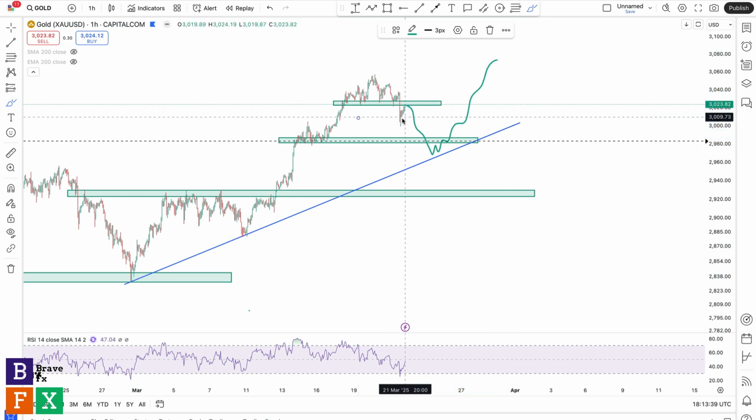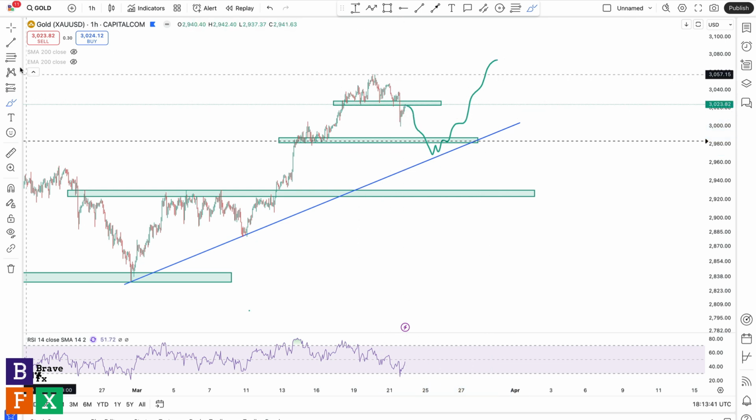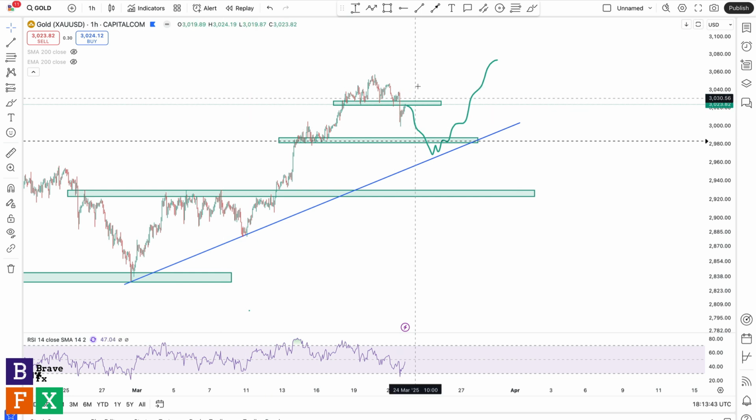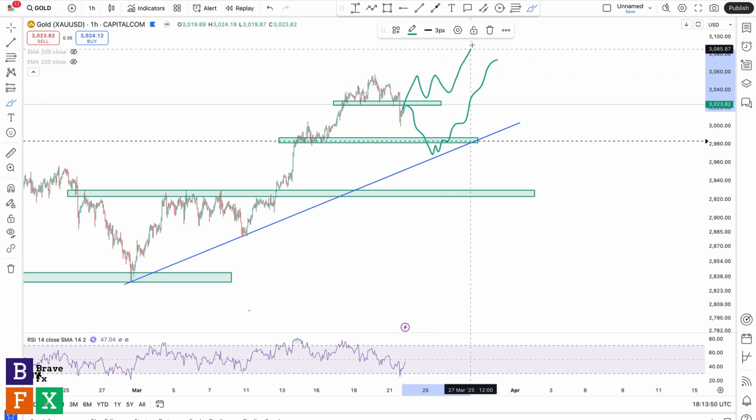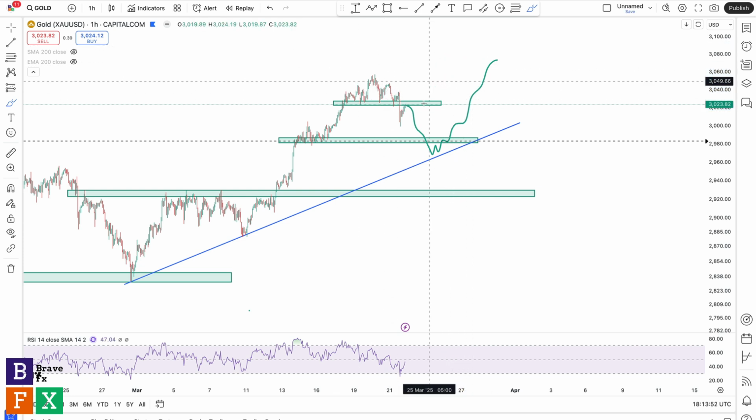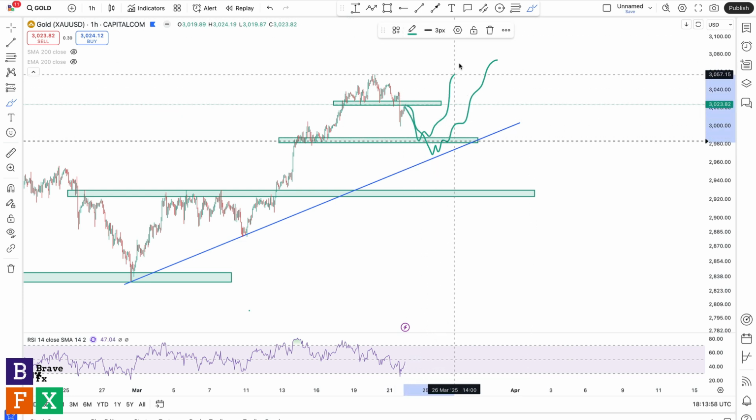Just to repeat once more, the first case scenario will be waiting to see if price gets a reversal to the upside and consolidates more, something like this, followed by a bullish move to the upside. The second case scenario will be waiting to see if price comes into this area of value, bounces off and goes higher.